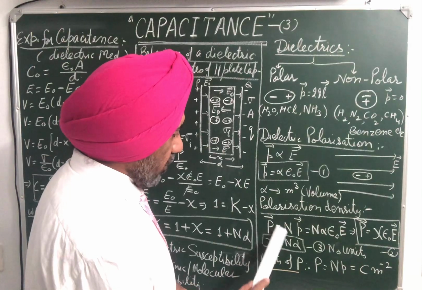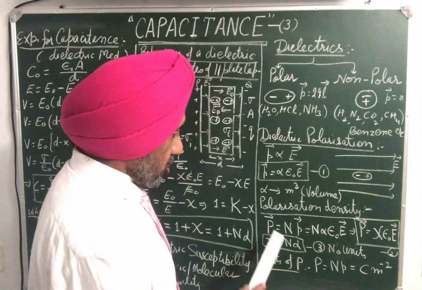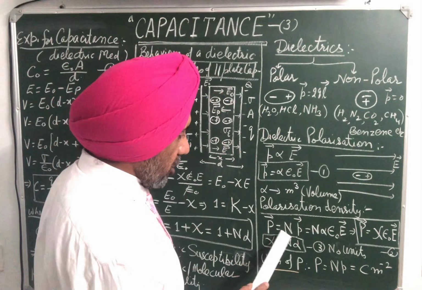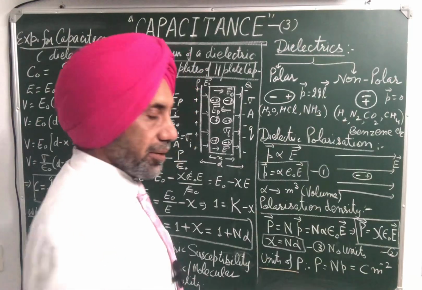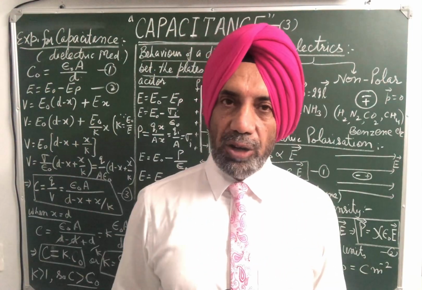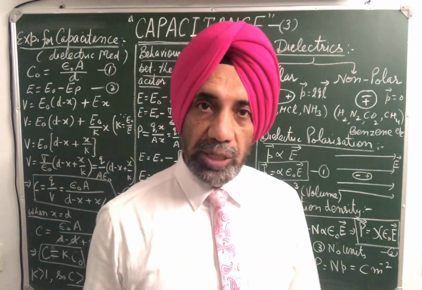It is denoted by capital P vector, also known as the polarization vector. So P, that is the polarization density vector, is equal to capital N into small p vector. The small p vector is the induced dipole moment of each dipole. Capital N is equal to the number of dipoles per unit volume.